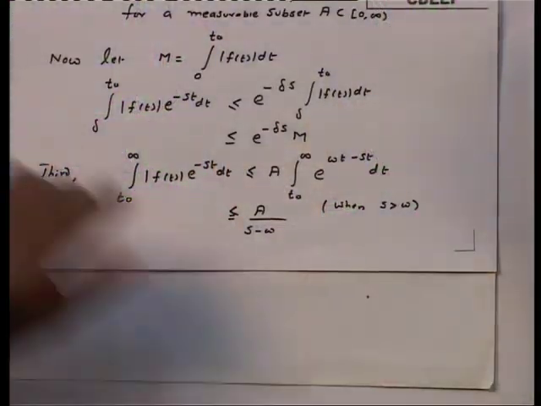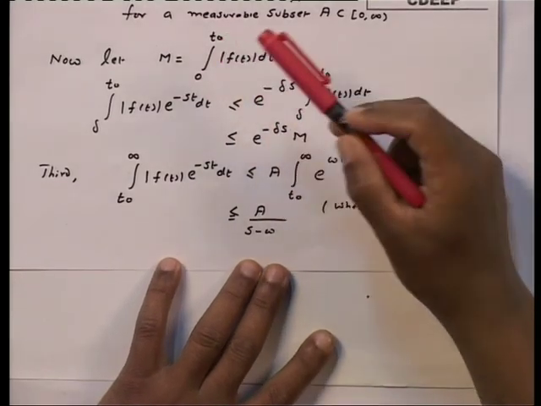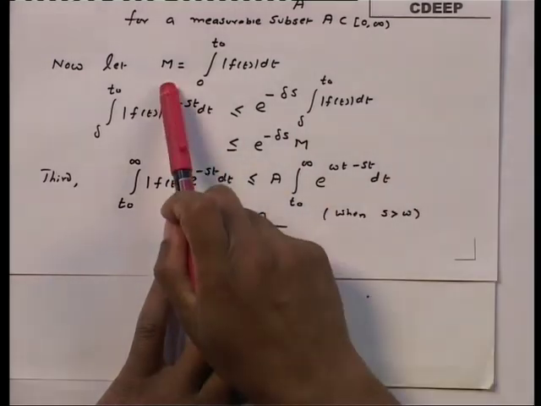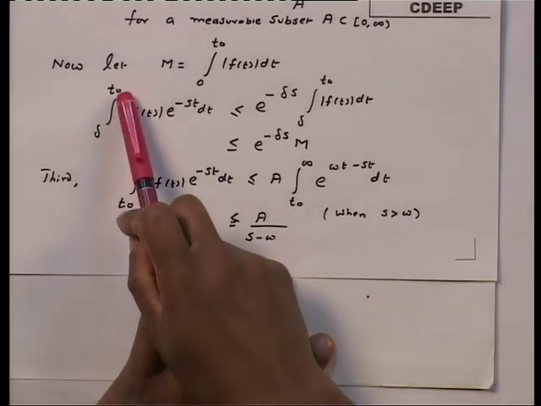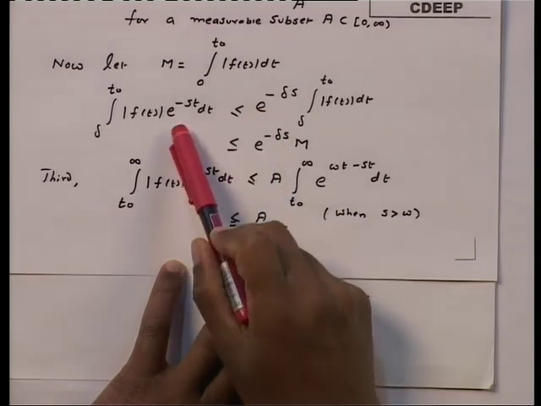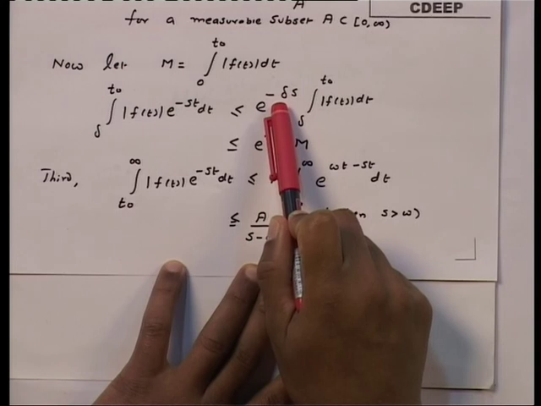Then you do the following, you take M to be the integral from 0 to t naught of mod f(t) dt. Let us look at the contribution from delta to t naught. e to the power minus st is less than or equal to e to the power minus delta s.